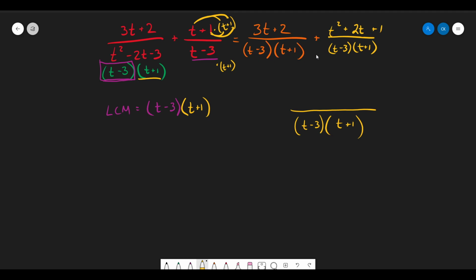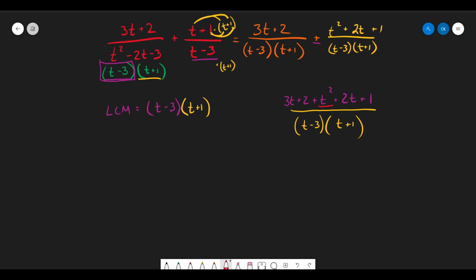Now that the denominators are the same, that's going to be my common denominator. I'm going to take my numerators and add them together. So I'm going to have 3t plus 2 plus, because of the plus in the middle, t squared plus 2t plus 1. And now I just combine any like terms that I may see.